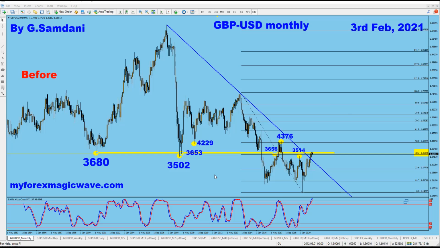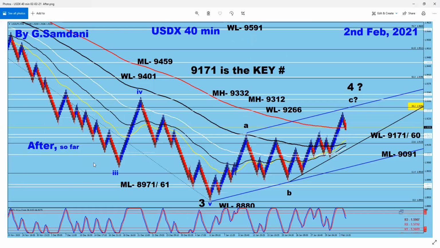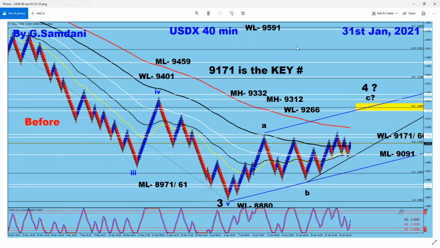Now, what is the reason that we're going to go down? The reason is that either pound is going to get very weak or USD is going to get a little bit strong, right? I made the USD chart the other day, let me show you. This is the one I made on 31st January, where I said we were going to go up, finishing with a 4 here, or maybe somewhere here, 94.01, right?